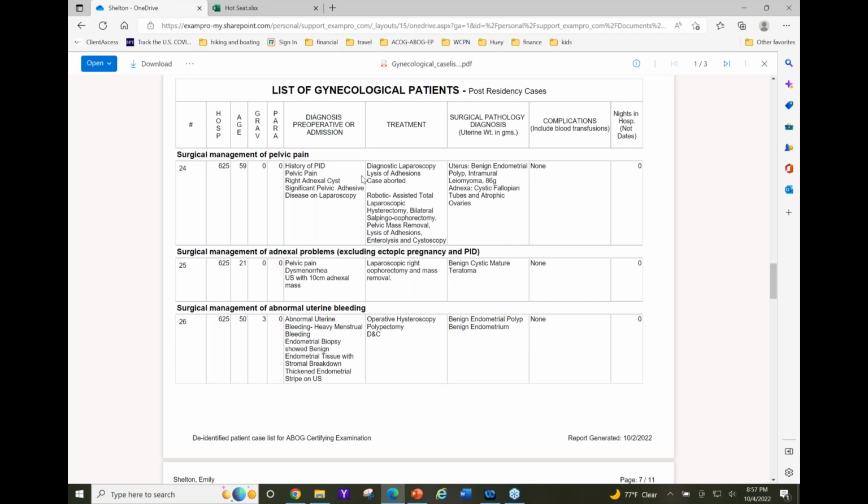Okay. Now, let me ask you this. How did you counsel her about removal of the other ovary if it appeared normal? So the diagnostic laparoscopy showed that the pelvis was completely abnormal.